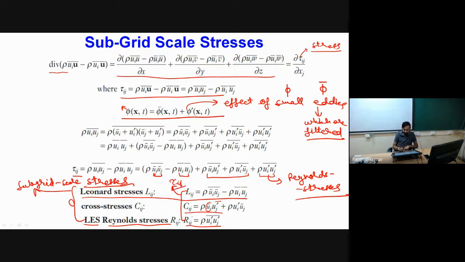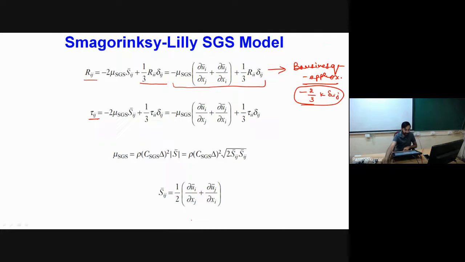So though this Boussinesq approximation was only for Rij, when we apply this Smagorinsky-Lilly SGS model, we consider that our entire stress follows the Boussinesq approximation once we use this viscosity as the SGS dynamic viscosity. Now how to obtain this SGS dynamic viscosity, that is something we have to see.